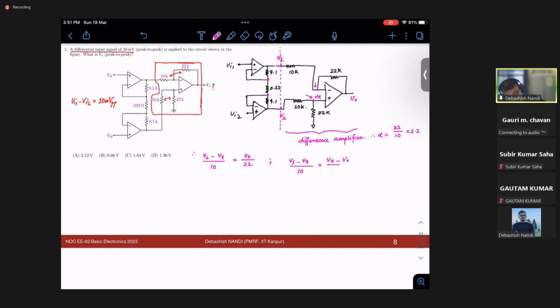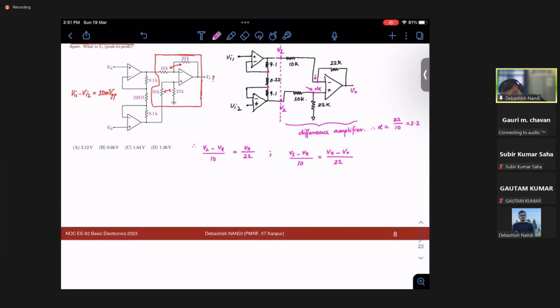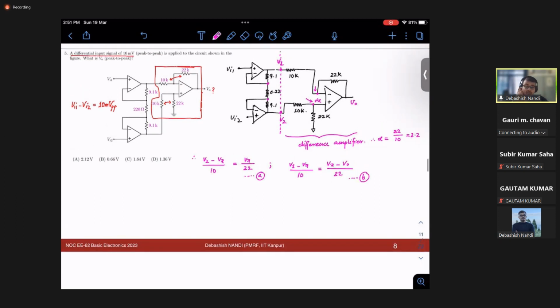Let's say this is equation A, this is equation B. So how to go about solving this? You notice that it is a difference amplifier, so your V0 will be a function of V2 minus V1, right? So by looking at these two equations, I just subtract equation B from equation A. Okay. So what will I get? I will get (V2 minus V1) over 10.